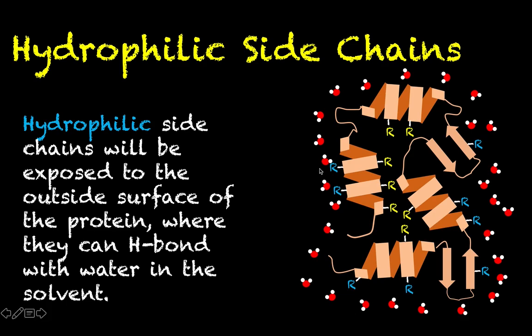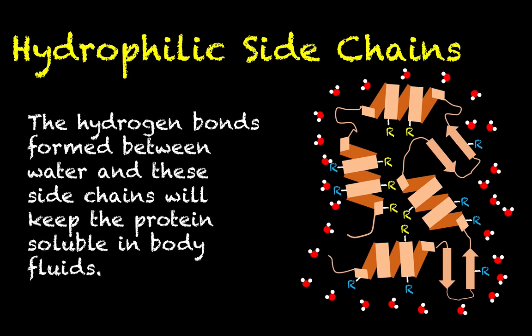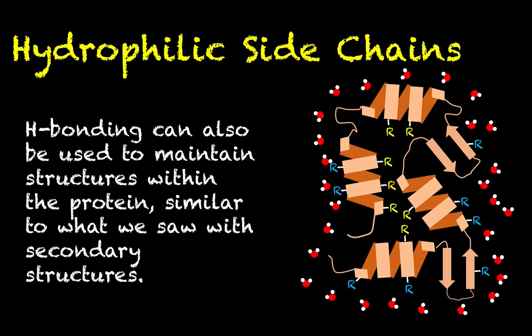So these hydrophilic side chains will be very apt at making hydrogen bonds. These will form hydrogen bonds not only with each other, but with the water that surrounds the protein. And this is by and large going to contribute to the solubility of the protein in a given bodily fluid. So again, the hydrogen bonds formed between the water in the solvent and these side chains will help keep the protein soluble in bodily fluids and keep it from falling out of solution.